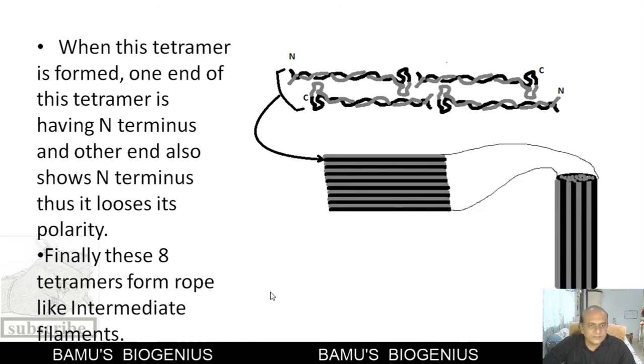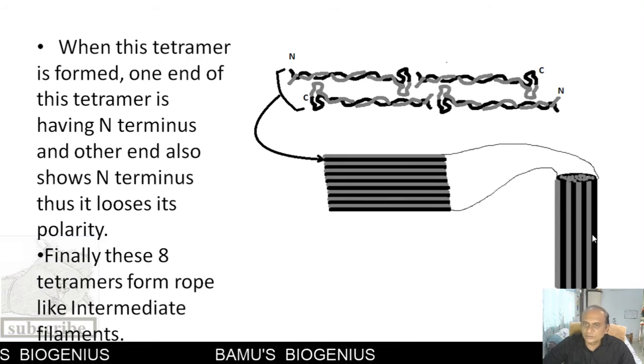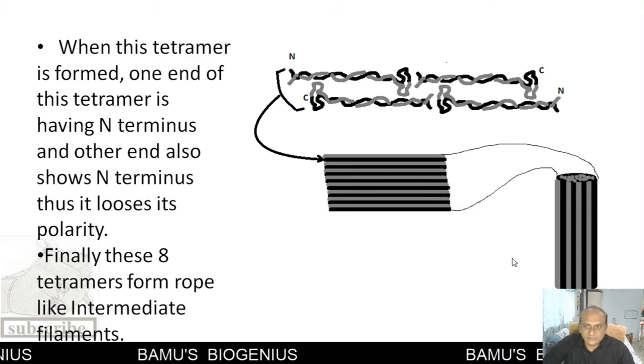Then finally, eight tetramers combine together to form a rope-like intermediate filament. So this is how the intermediate filament is formed.